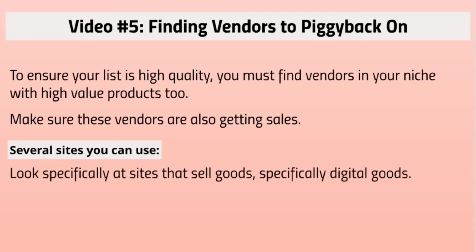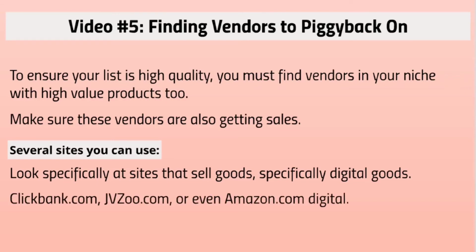Keeping that in mind, you want to look specifically at sites that sell digital goods if you are selling a digital book, a digital video course, or something digital or intangible. You could technically look at sites like Amazon.com, but most of those are selling through Amazon and are physical goods. That doesn't mean that you can't convert your product into some sort of physical good.